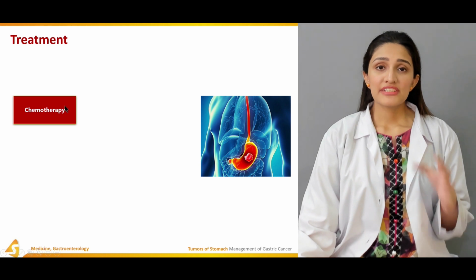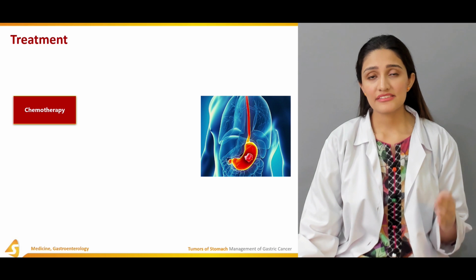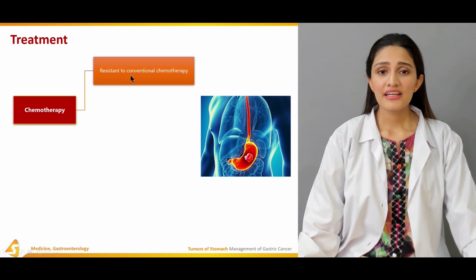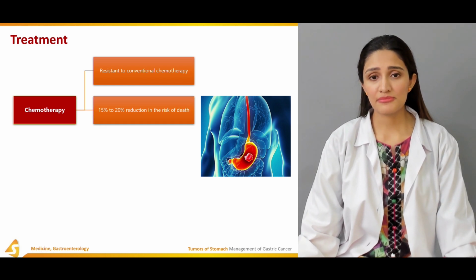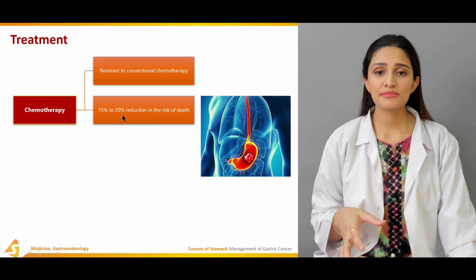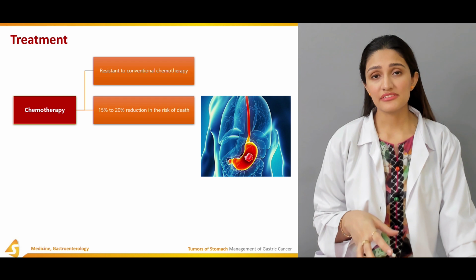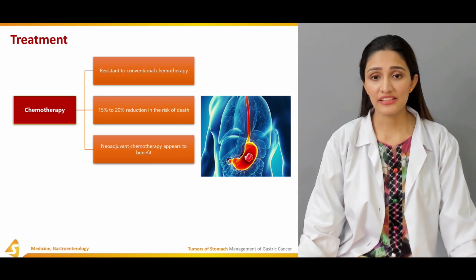So if we talk about chemotherapy, chemotherapy these days is used on a very high scale. Sometimes patients are usually resistant to conventional type of chemotherapy, and 15 to 20% of patients have a reduction in the risk of gastric mortality.